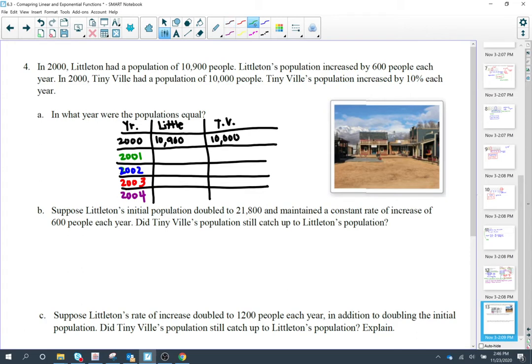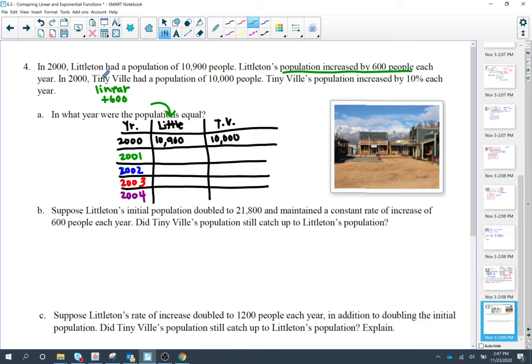Anyways, starting out, it says Littleton's population increased by 600 people each year, which means I'm going to add 600 each year. Thinking about that, if it's up by 600, up by 600, up by 600, I know that this is linear. So let's figure out these numbers.